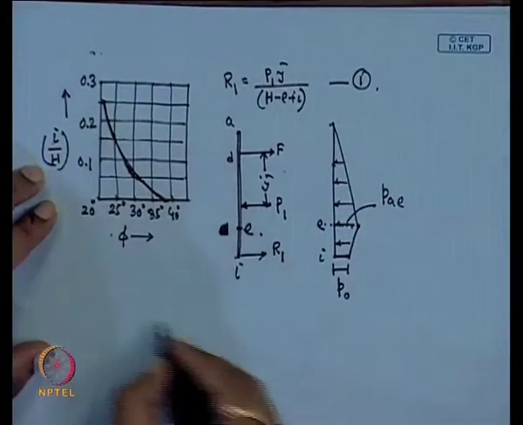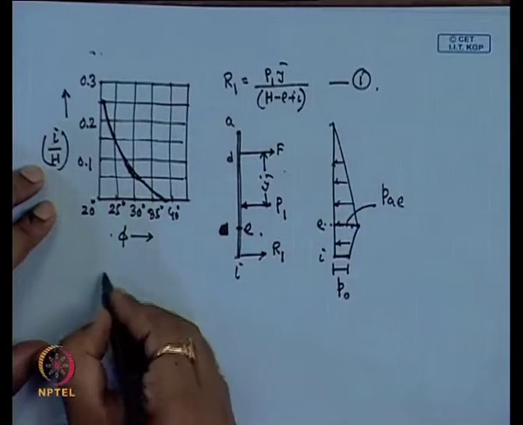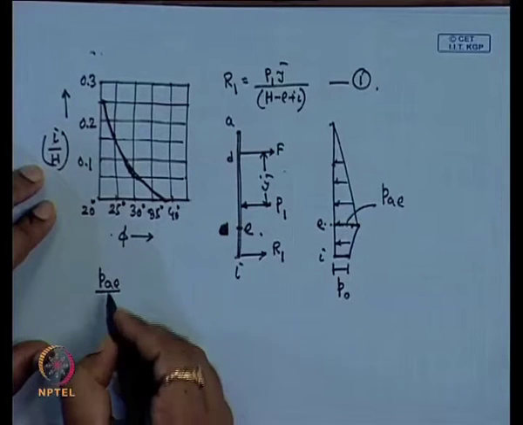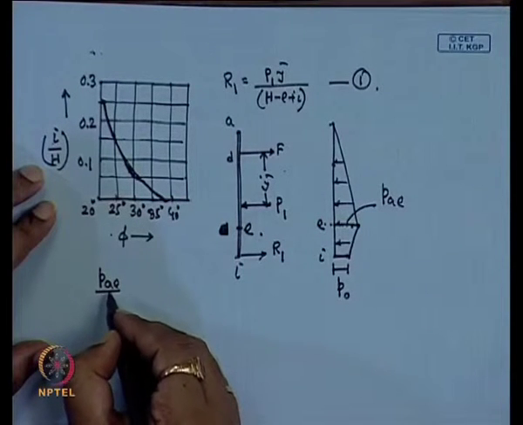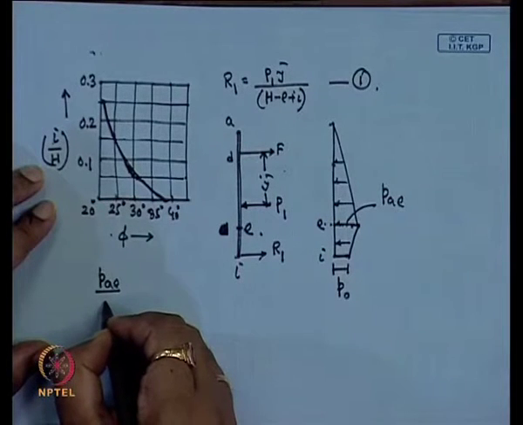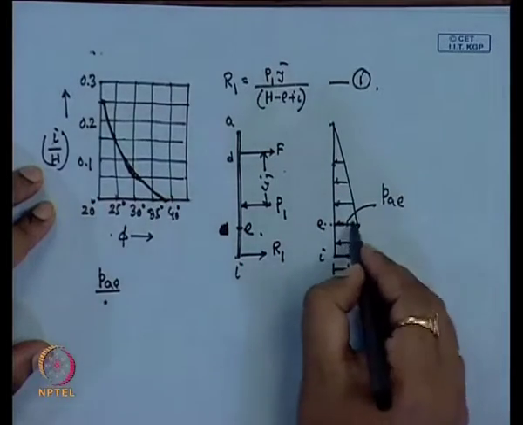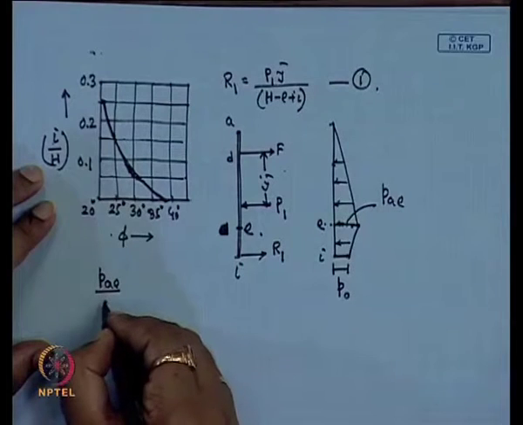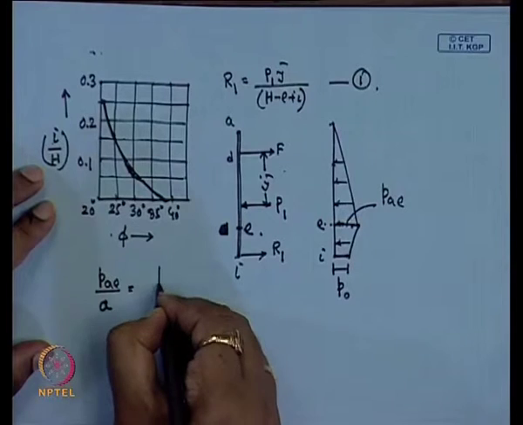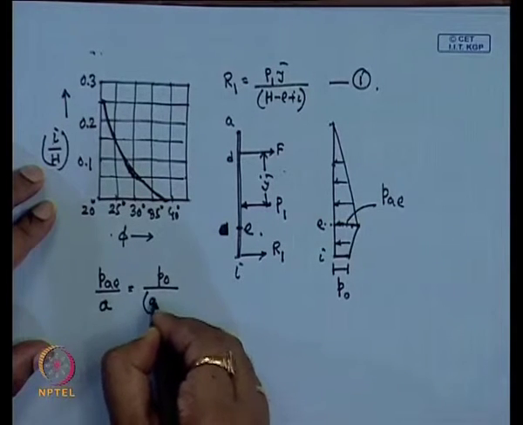So now we can determine P 0 by linearly interpolating this value, that is, P A E divided by total A is equal to P 0 divided by A minus I.